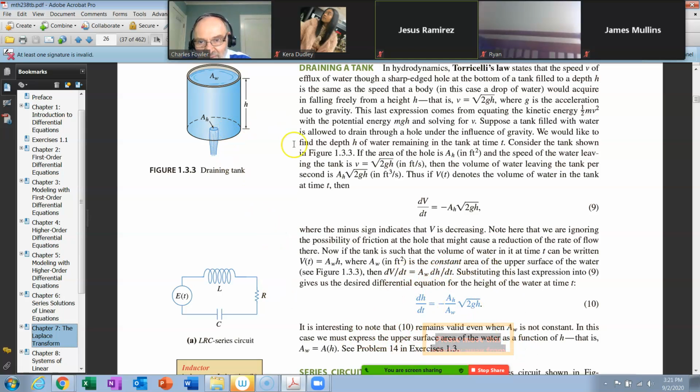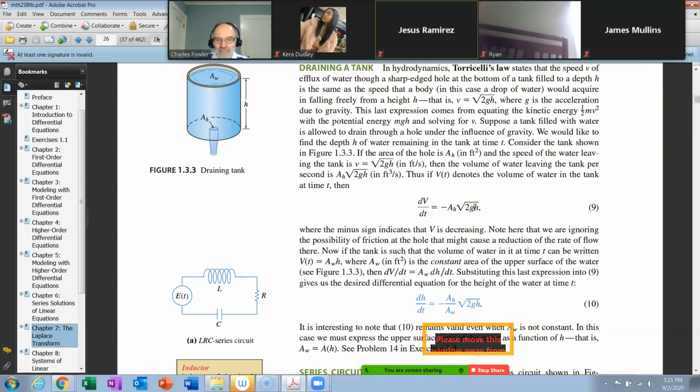there's a lot that goes into calculating this. Ultimately, your equation is dV/dt equals minus A sub h, where A sub h is the area of the hole in square feet, which is a pretty big unit for that area, times the square root of 2gh.